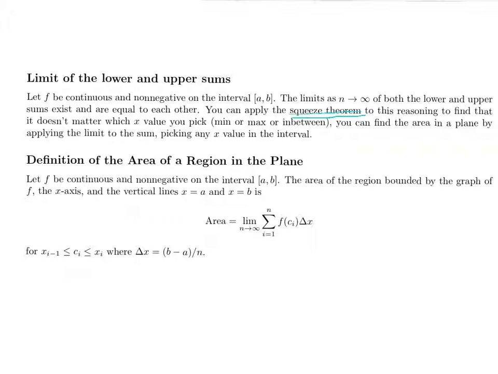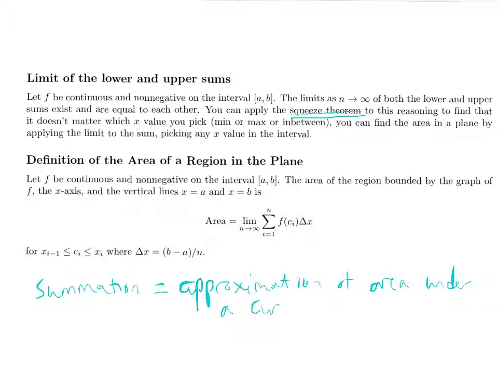So we are going from summations, which give us approximations of area under a curve, to now an exact area.